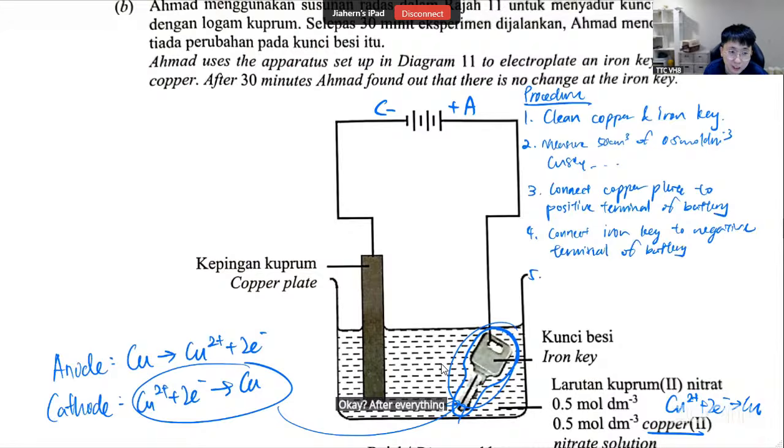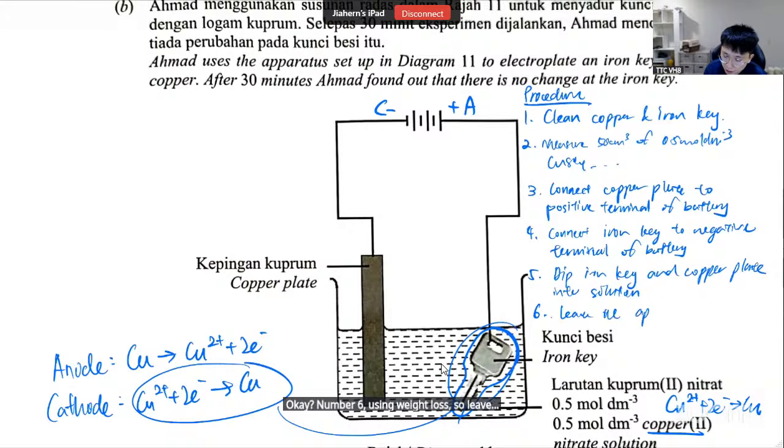After everything is connected, you dip the iron key and copper plate into the solution. Number 6, you just wait. Leave the apparatus for 30 minutes.